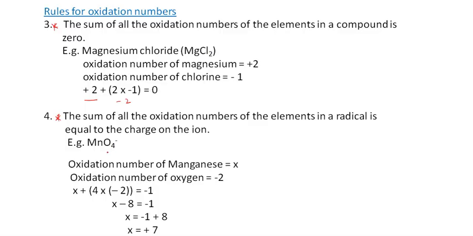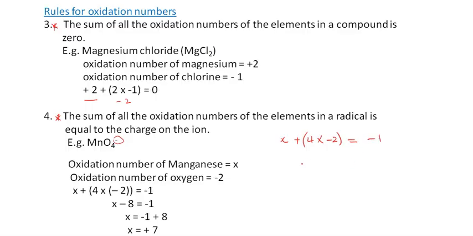If we have MnO4-, the manganate ion, and we are asked to find the oxidation number of manganese, we let the oxidation state be X. Oxygen is typically -2, so it's 4 multiplied by -2, and this is equal to the charge on the radical, which is -1.